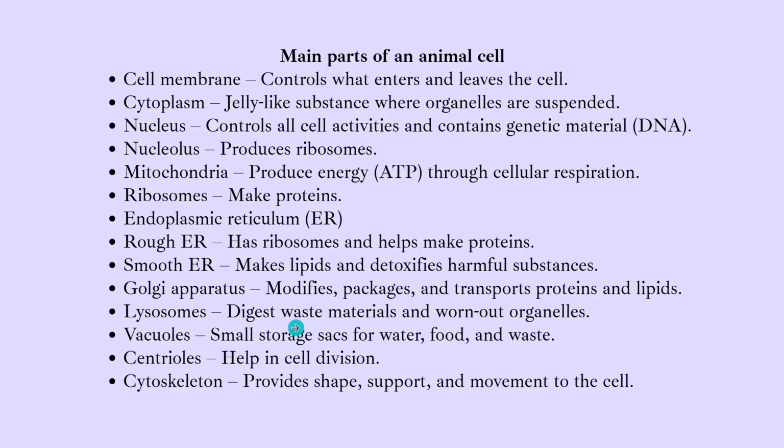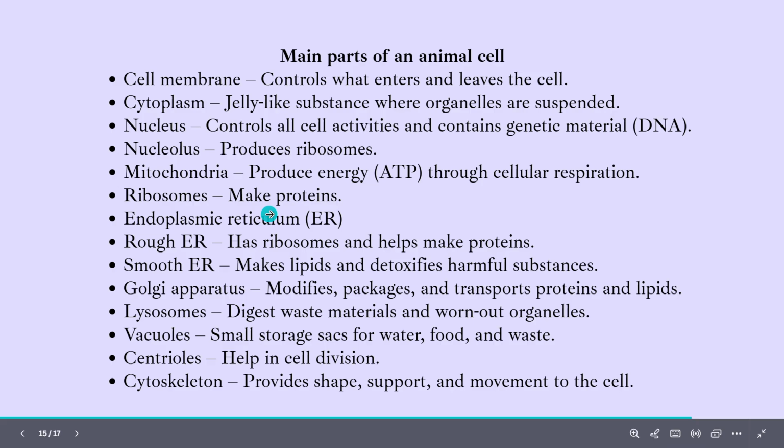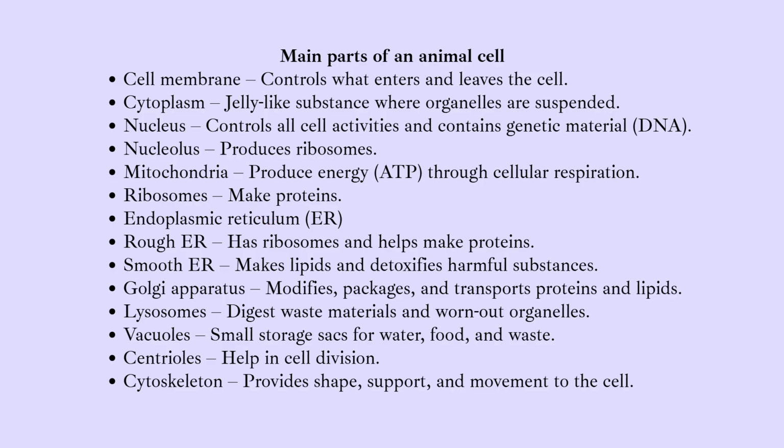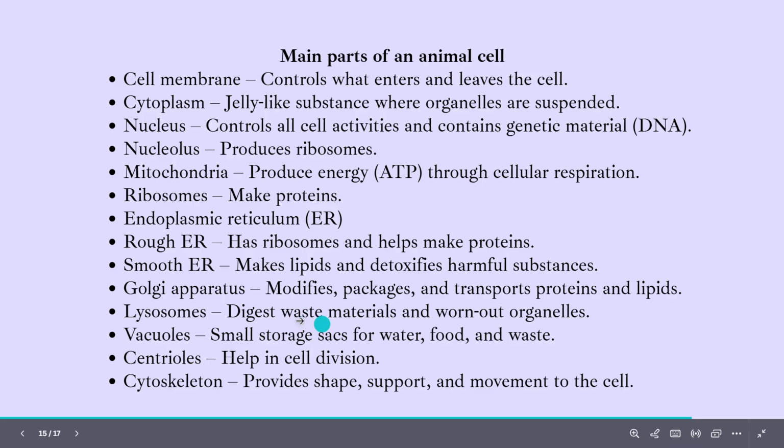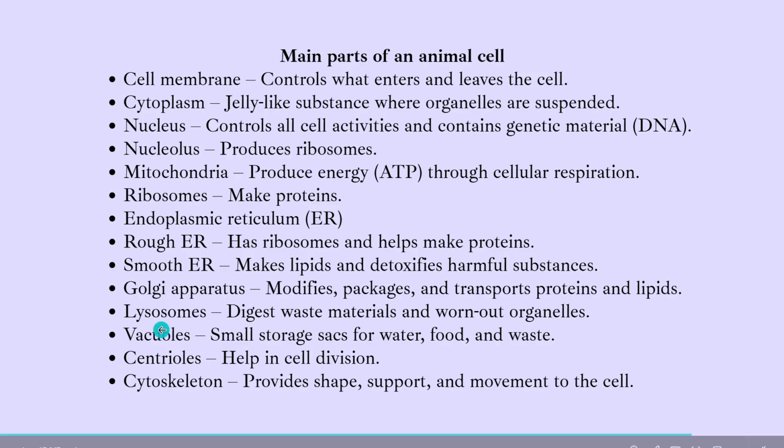It also digests worn out cell organelles, whatever organelle within the cell is damaged, or the waste produced by the organelles. So it is referred to as the suicidal organelle.